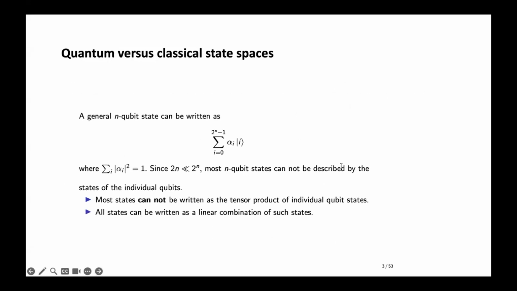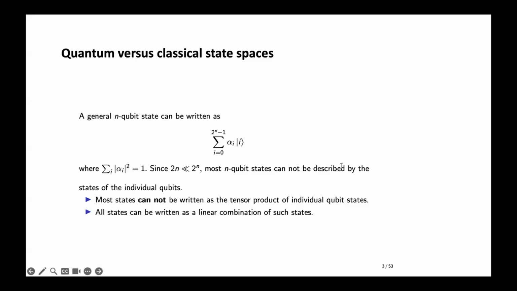This is something that I discussed also last time, because I wanted to point out the different world between classical simulations and quantum simulations. A general n-qubit state can be written as a linear combination of this form. Here with a_i, we denote the various amplitudes. And we have a normalization that the sum of |a_i| squared is equal to 1. This is our qubit state.